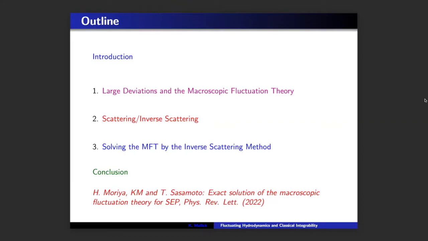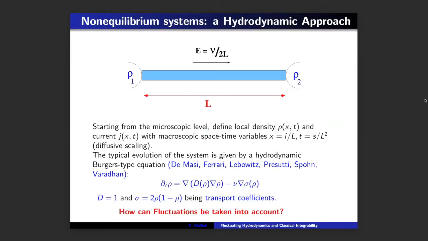So I'm still trying to repeat some things that I told you before, but again, we want to see what happens if you connect a system with two reservoirs at different potentials, let's say electrical potentials, and we have some external field, electric field, to make it look like a physics talk, which also drives the electrons. So you have a difference of potential and some field which drives the electrons inside.